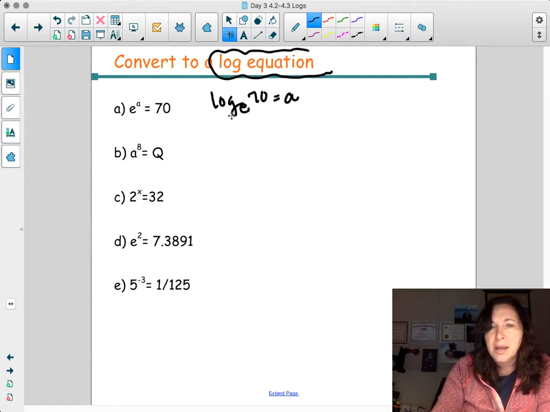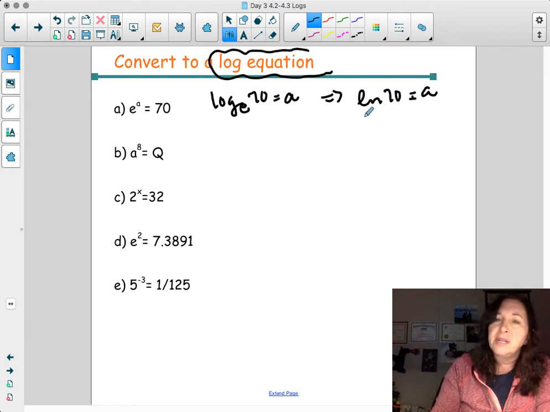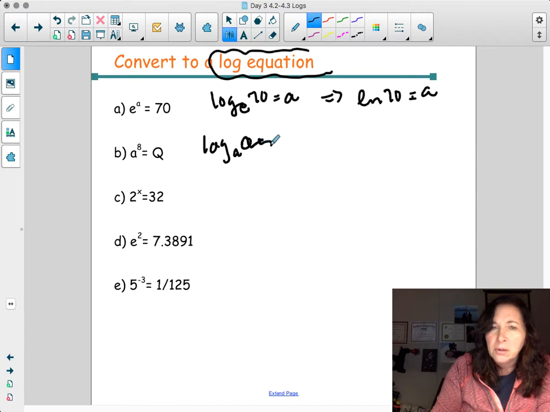Keep in mind, log base e is ln, so another way of writing that would be ln of 70 is equal to a. And of course, I can go on to my calculator and find out what ln of 70 is. This one right here would be log base a of q is equal, that's very strange.